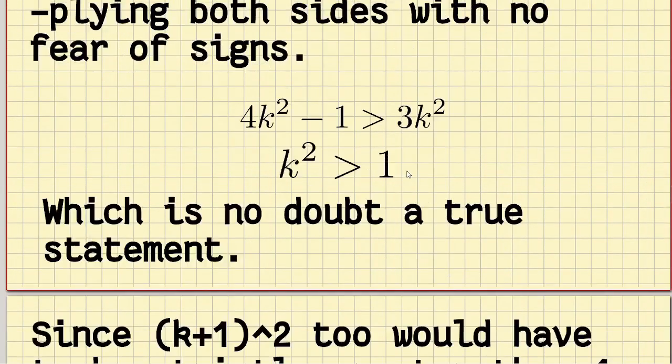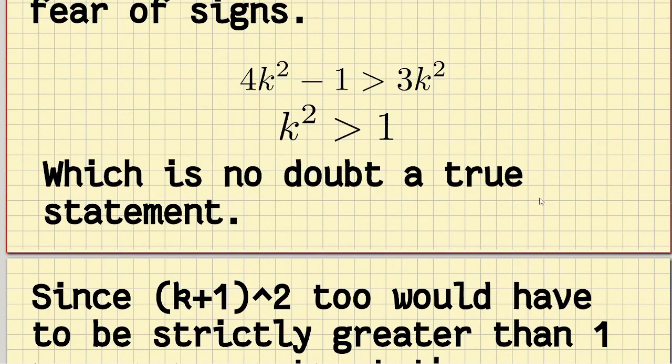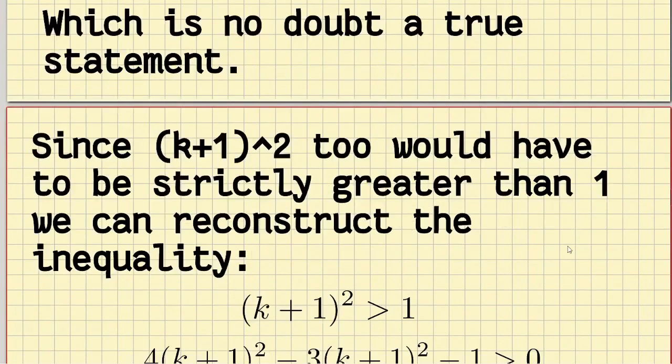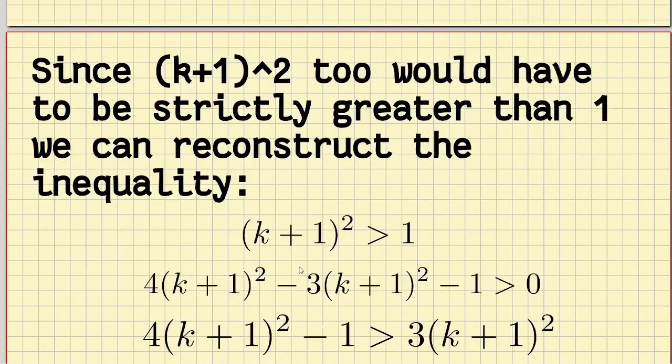And now we can forward that k plus 1 square would have to be strictly greater than 1. If k is greater than 1, then k plus 1 will always be greater than 1. So it is true till here. So now we can reconstruct the inequality. This is not too motivating, but we can go backward like this. We express this in terms of this, right?